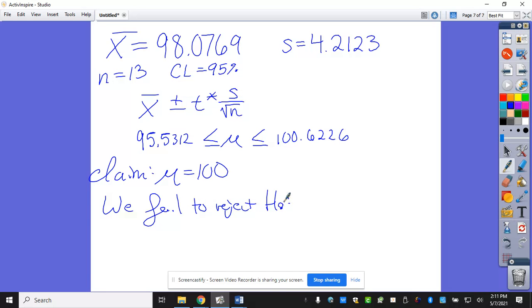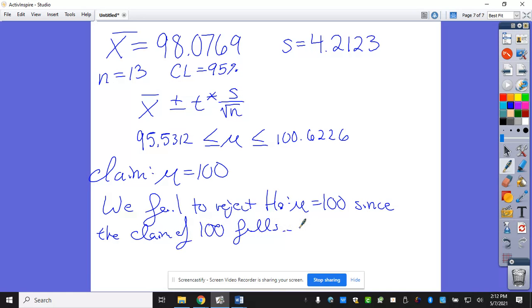And I can talk through the 4-step part of it. What would I write here? Since the claim falls between the confidence interval of 95.312 bushels, I think, and then 100. Right. Bushels per acre, whatever. Yeah.